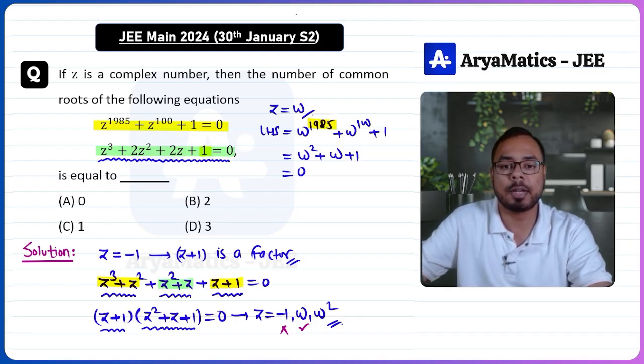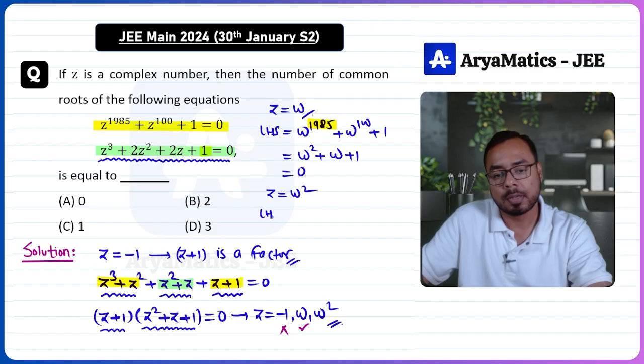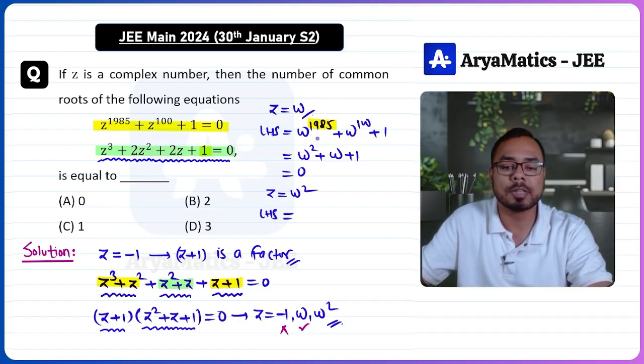Similarly, let us check with z equals omega square. Now, if omega is a root, omega square will also satisfy, because in place of z, if we write omega square, then this term will become omega square raised to 1985. When you divide by 3, the remainder will be 1. So the first term will become omega.